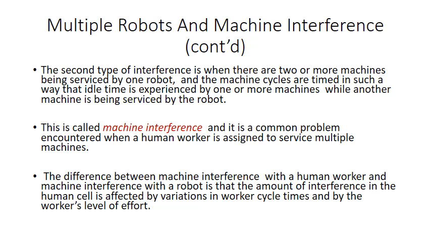The difference between machine interference with a human worker and the machine interference with a robot is that the amount of interference in the human cell is affected by variations in worker cycle times and by the worker's level of effort.